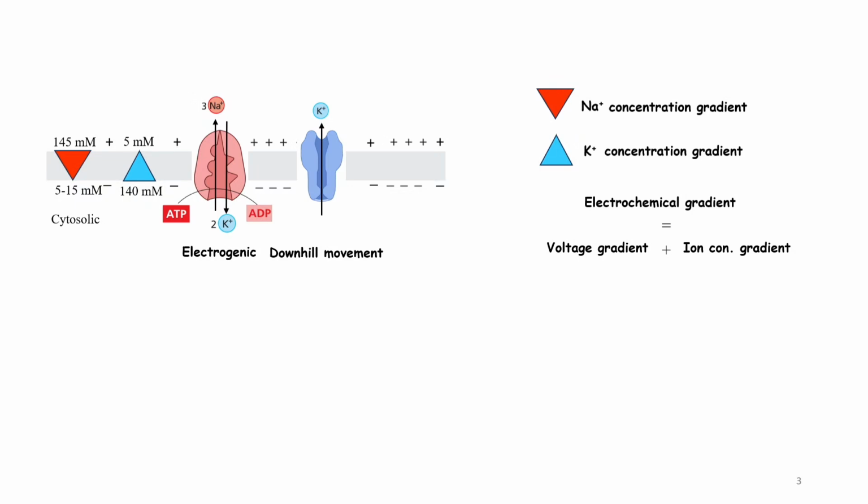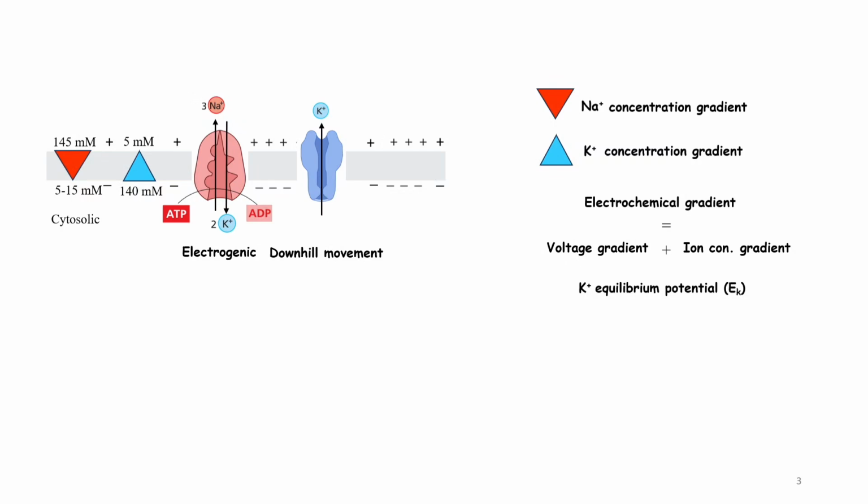Now at a certain membrane potential, the two opposing forces just balance each other, and there will be no net movement of potassium ions in the resting condition. And this potential is called potassium equilibrium potential. That means here the voltage gradient and ion concentration gradient just equilibrate.